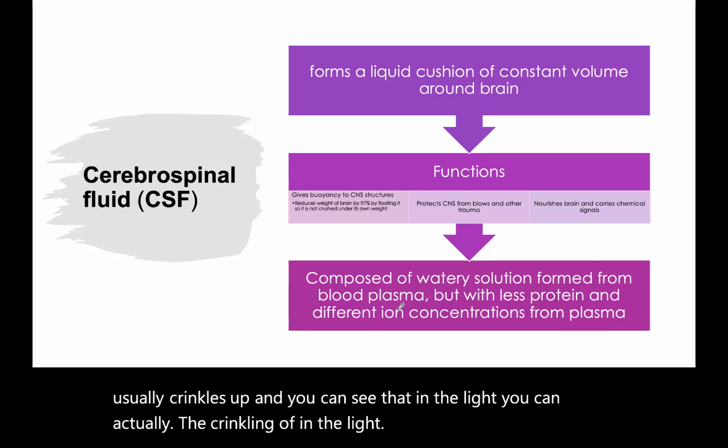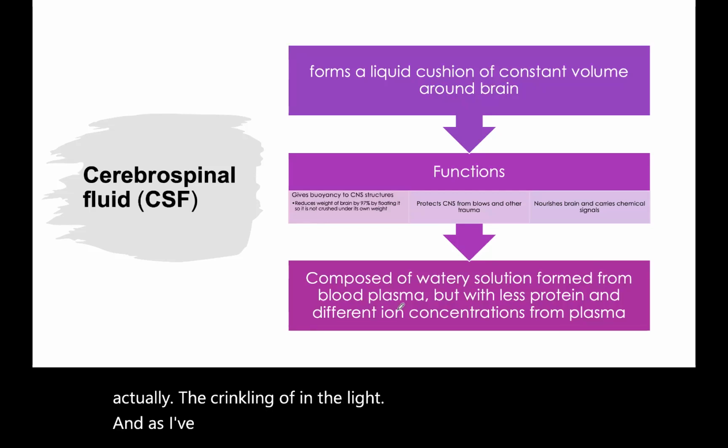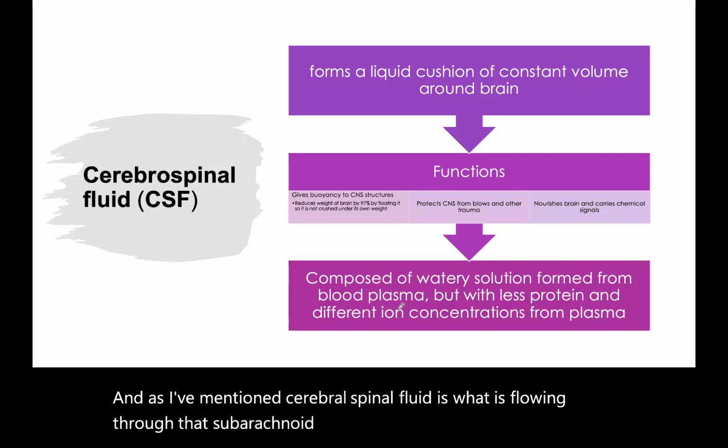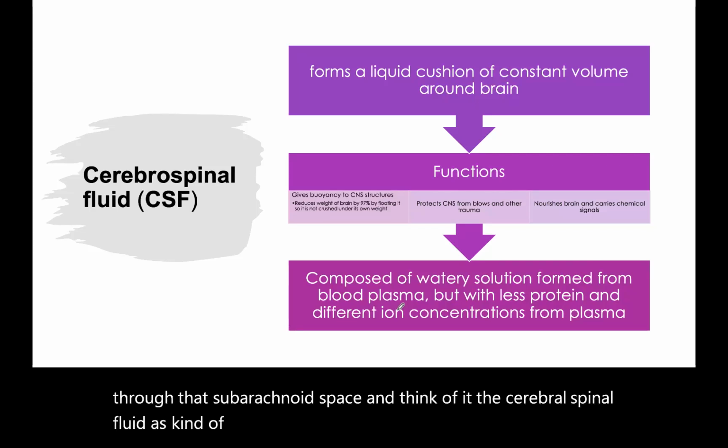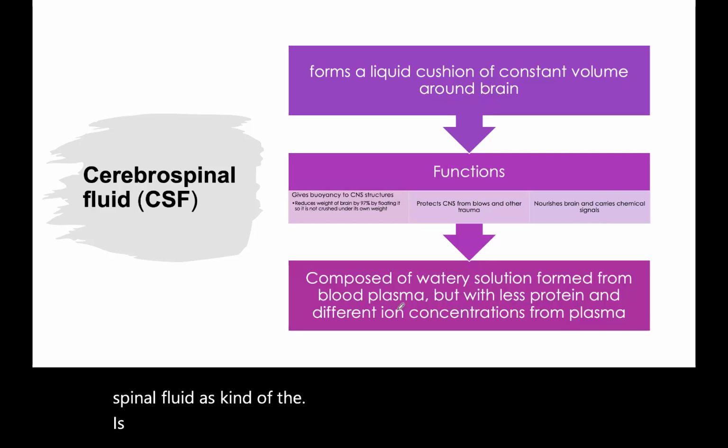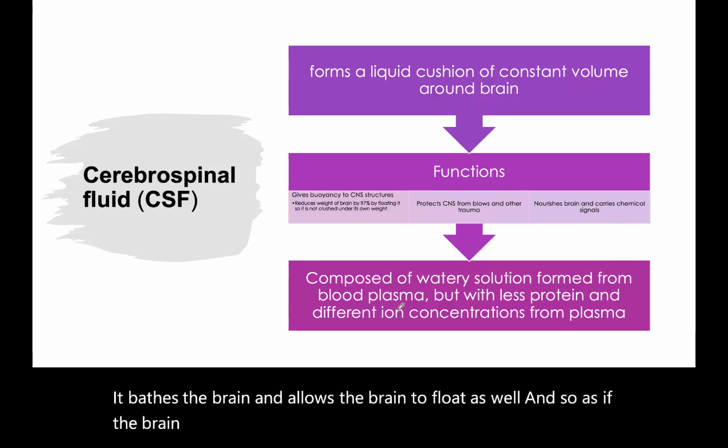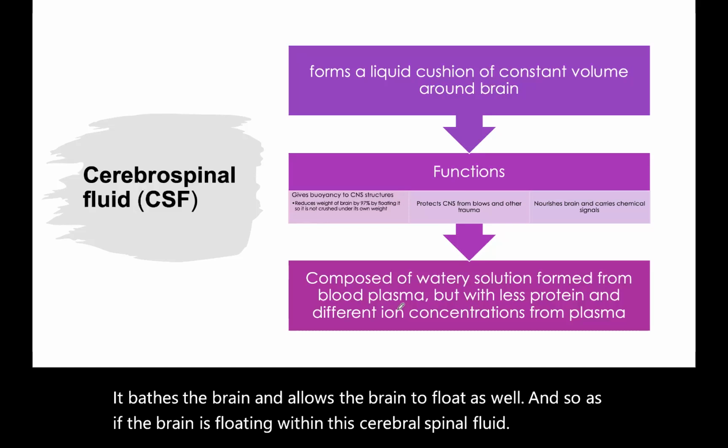And as I've mentioned, cerebral spinal fluid is what is flowing through that subarachnoid space. Think of the cerebral spinal fluid as bathing the brain and allowing the brain to float as well. As the brain is floating within this cerebral spinal fluid, it's providing protection.